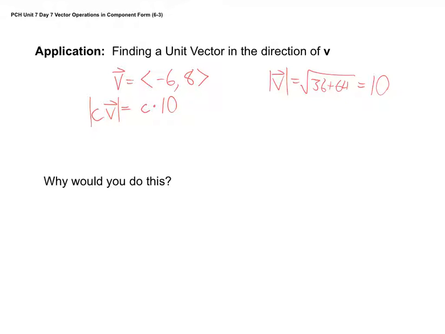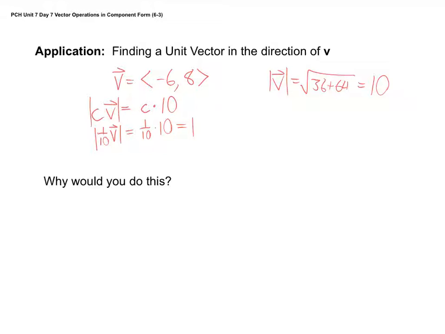What would I need to multiply by to get it to have a magnitude equal to 1? 1/10. If I make it 1/10 times 10, that will give me a magnitude of 1. So I know I need to do 1/10 times vector v in order to have a magnitude equal to 1. Does that make sense? We're using this property here.